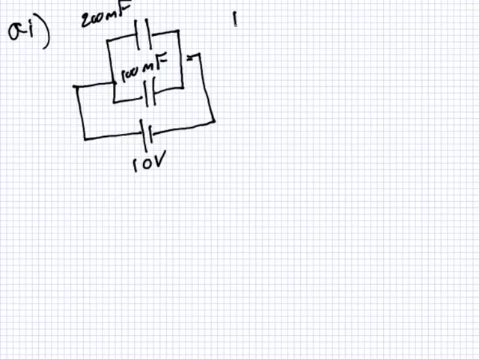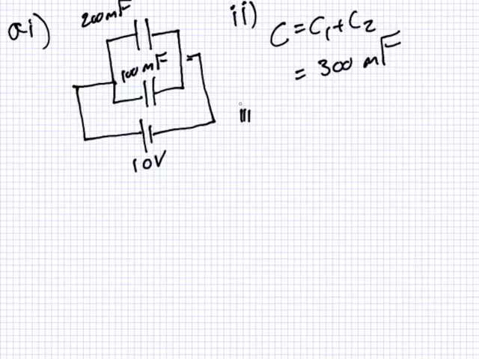Right, what's the second part I ask you to do? Calculate total capacitance. Right, so this one, the total capacitance is C1 plus C2, which is 300 milli. Next, what is the charge held in total? The total charge would be C total V. Hang on, back up one step.